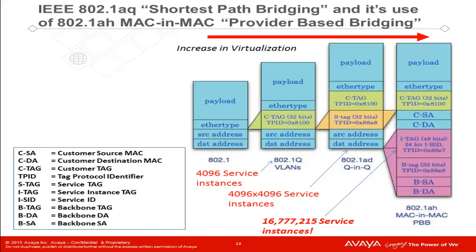This 24-bit field yields a services capacity that is numerically at 16,777,215. This new abstraction increases the virtualization capacity of the fabric exponentially.